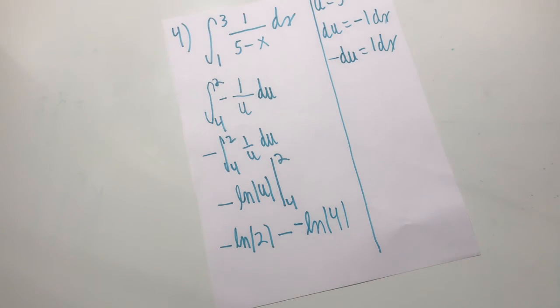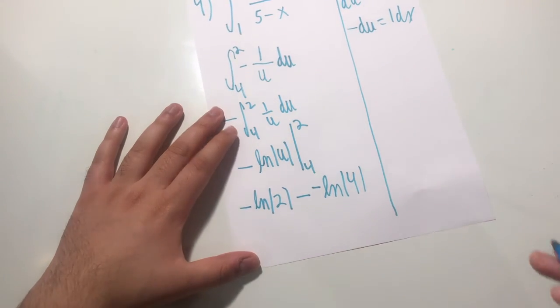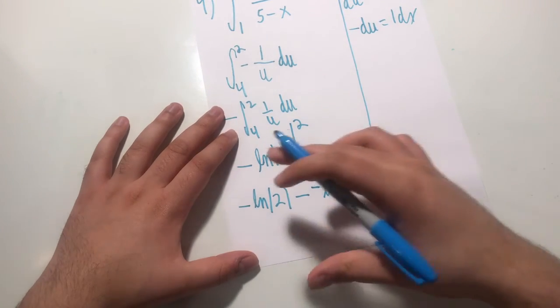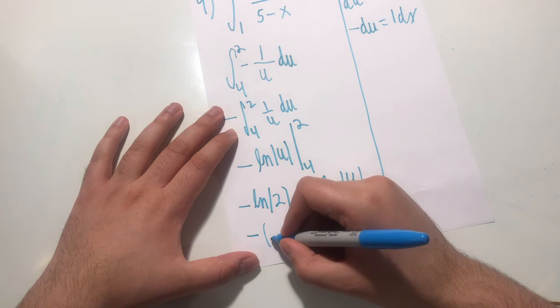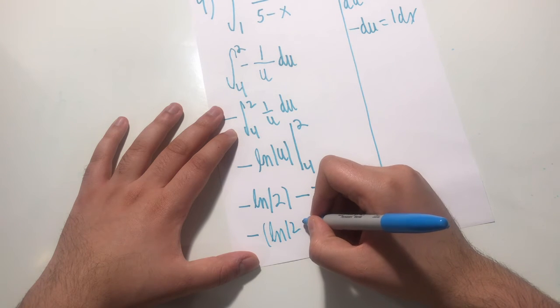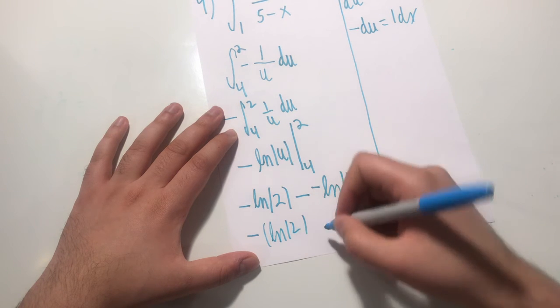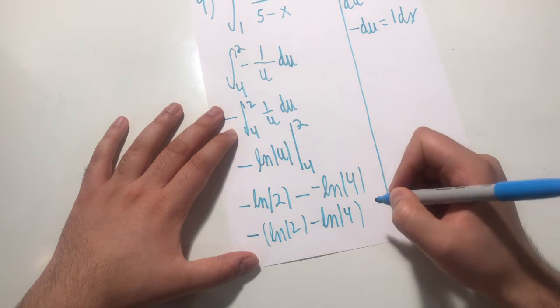And then you could use logarithm rules for condensing this. So I can bring the negative to the outside, and what I have left is the natural logarithm of the absolute value of 2 minus the natural logarithm of the absolute value of 4.